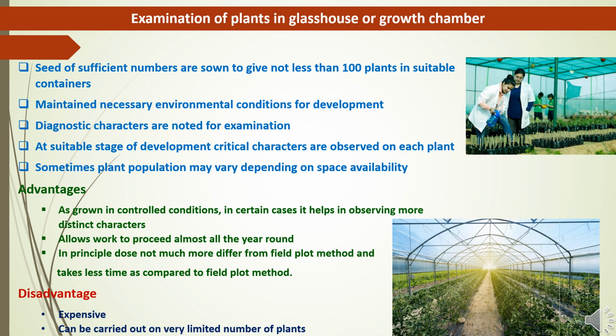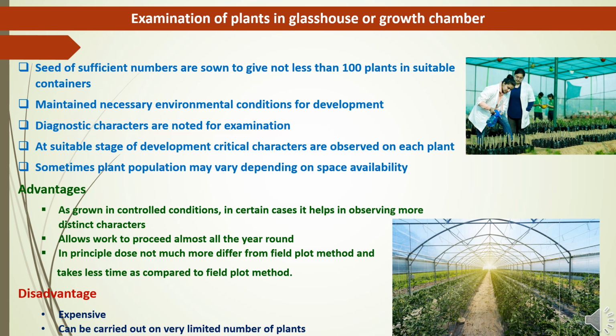Here we will study examination of plants in glass house or growth chamber. In this examination, seeds sufficient to give not less than 100 plants are sown in suitable containers and maintained in the environmental conditions which are necessary for the development of diagnostic characteristics.